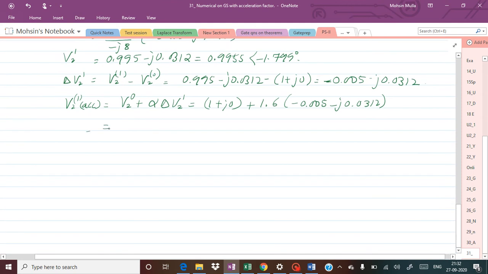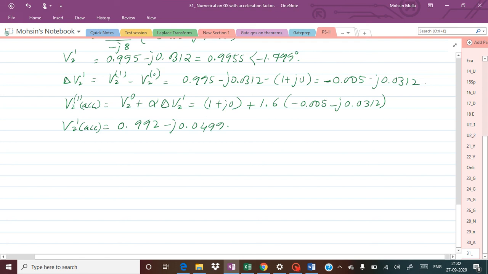Simplifying this, we get the accelerated value as 0.992 minus j0.0499. This is nearer to the desired value. You can compare: what we obtained earlier was 0.9955 with the j term 0.0312.